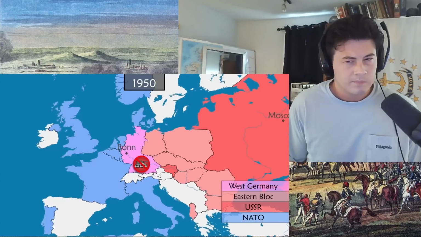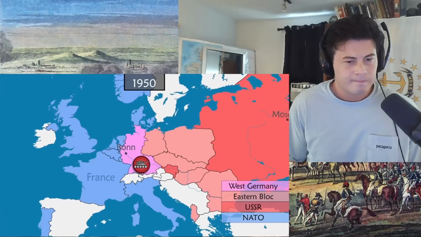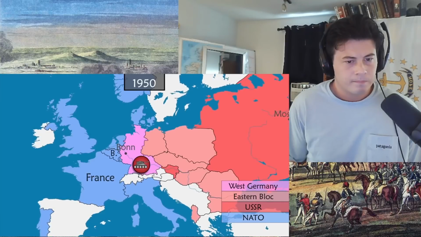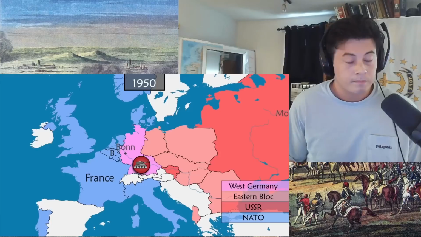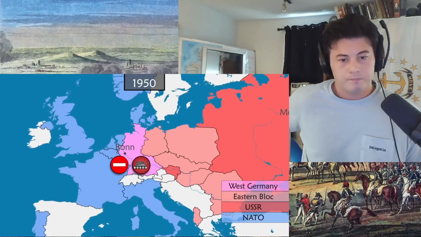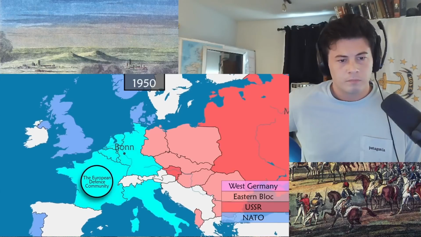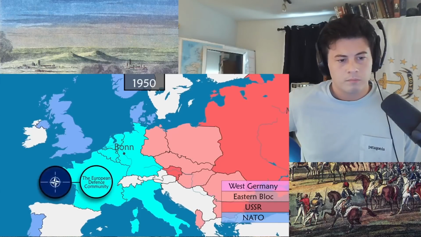The United States wants to authorize the country's rearmament as quickly as possible, but France, Belgium, and Luxembourg, which had all been invaded by Germany in the two world wars, are opposed. Instead, France wants to create a European army that would include German forces and be integrated into NATO.